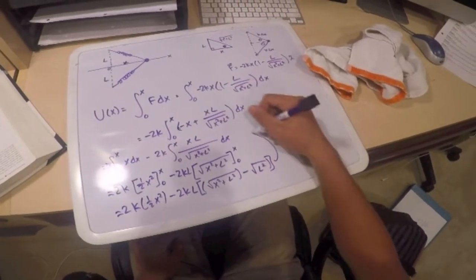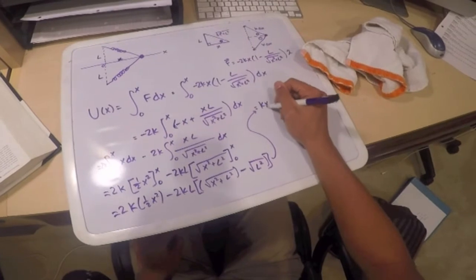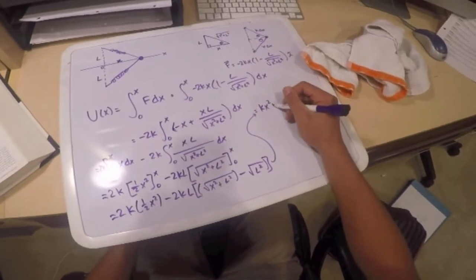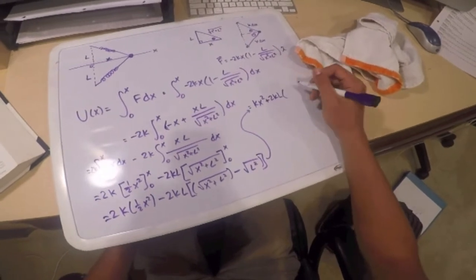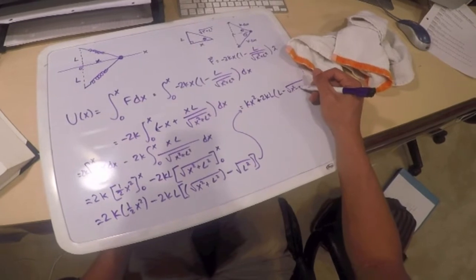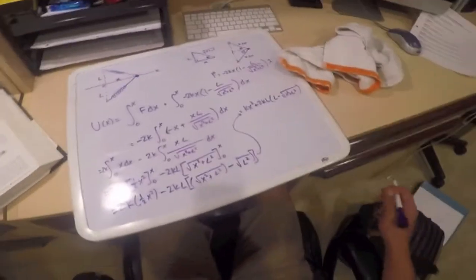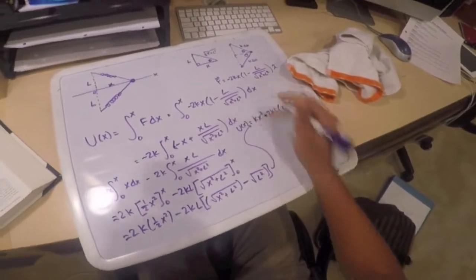I'm going to put that up here just to make it simpler, and we get kx squared plus 2kL times (L minus the square root of x squared plus L squared). And that is the equation for potential energy.